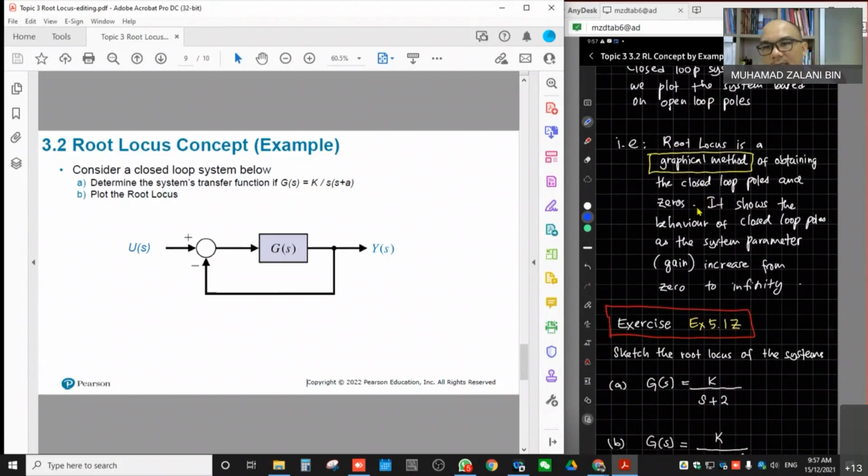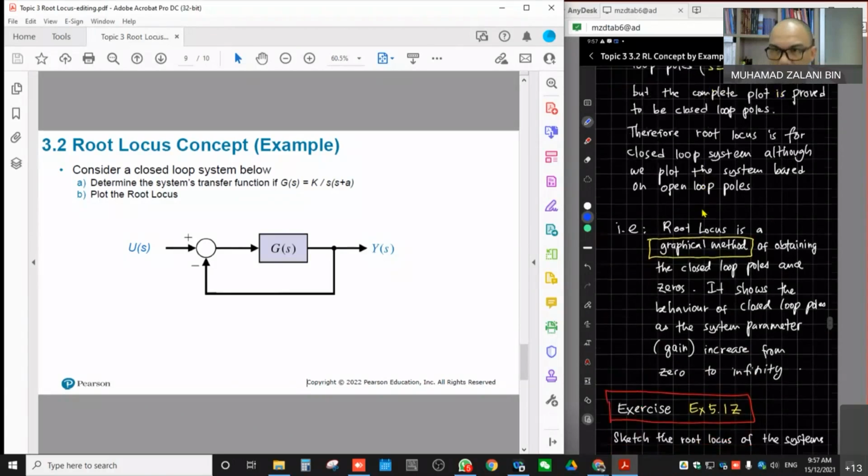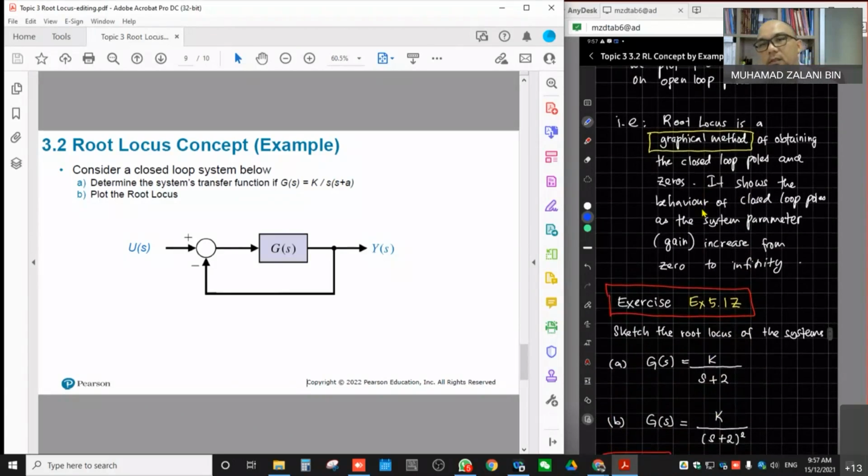So, what we can say based on our sketching just now of the root locus, we can say that root locus is a graphical method. When we do sketching, we represent it in terms of graphic. Okay, gambar atau graphic. Gambar.